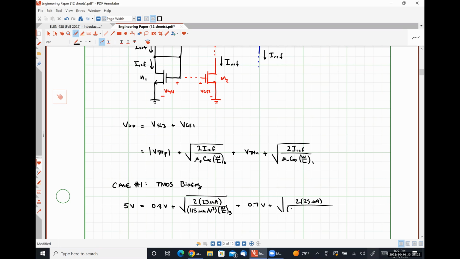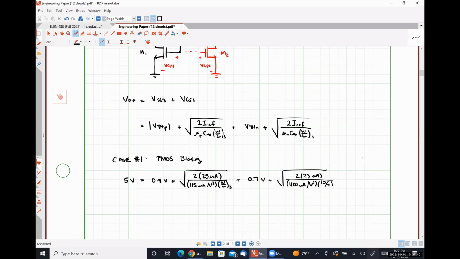divided by 400 microamps per volt squared times 10 over 2, where I'm assuming here that we're making our current mirror as small as physically possible.